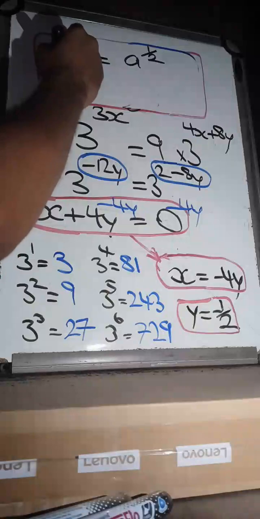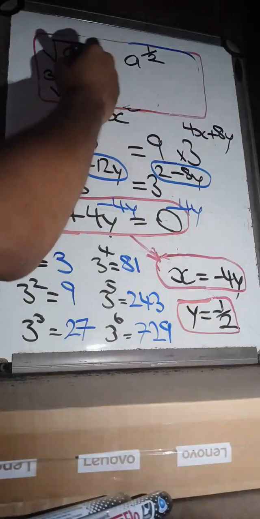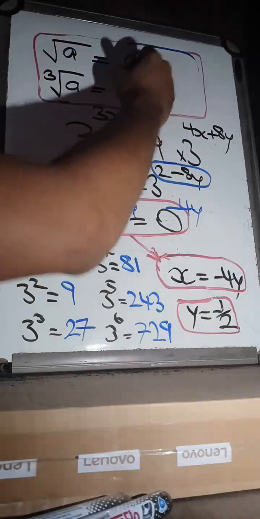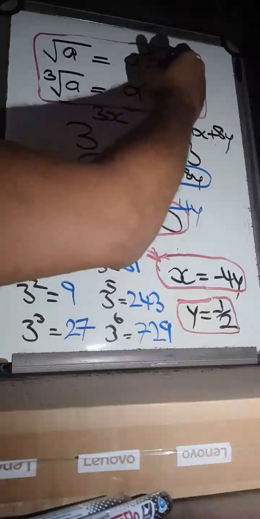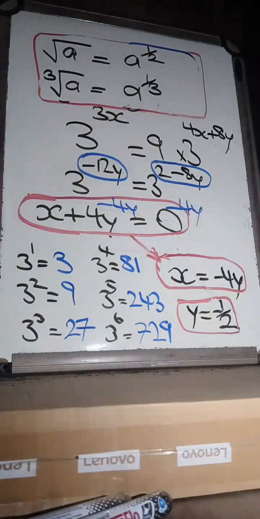The cube root of a is the same as a raised to the 1 over 3. Now there are times when they get clever with these a lot of the time.